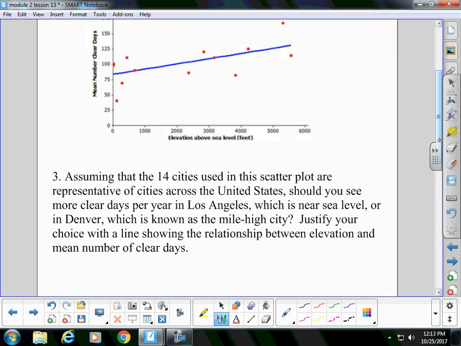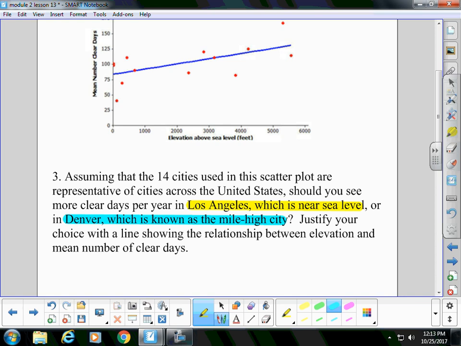So Los Angeles, the elevation is near sea level, whereas Denver is known as the Mile High City, and a mile high is more like over 5,000 feet.